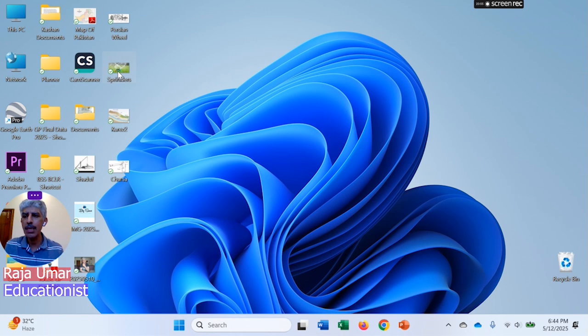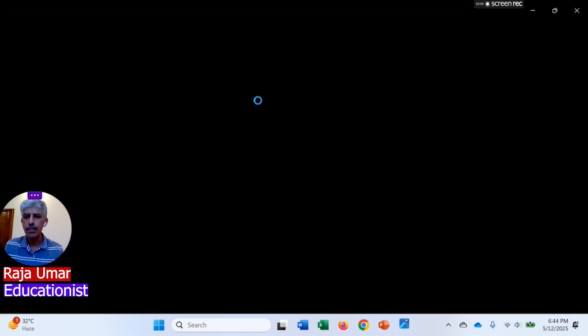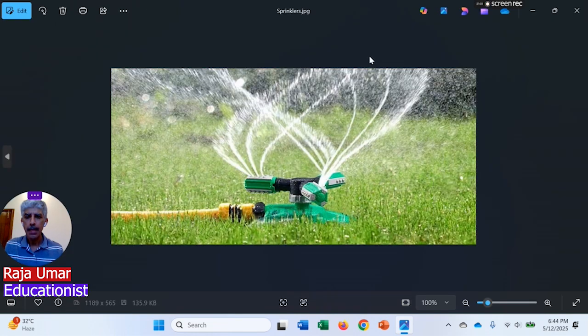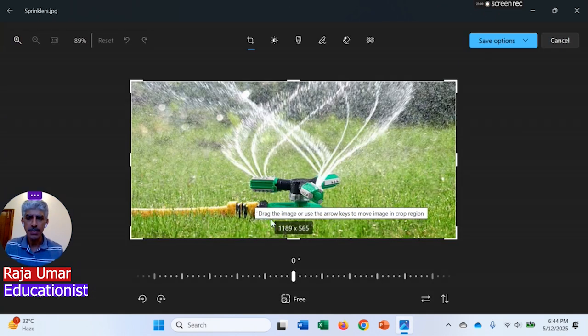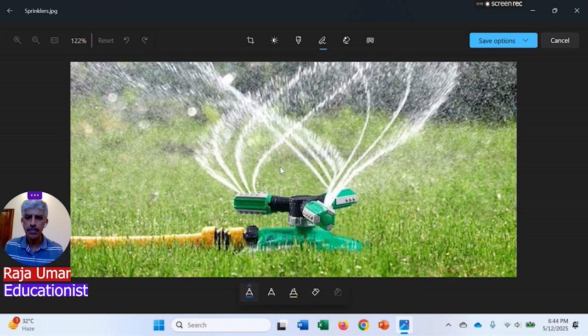And now one of the modern methods is the sprinklers. Here you can see that the sprinklers are this sort of structure, with water connectivity through this yellow pipe.